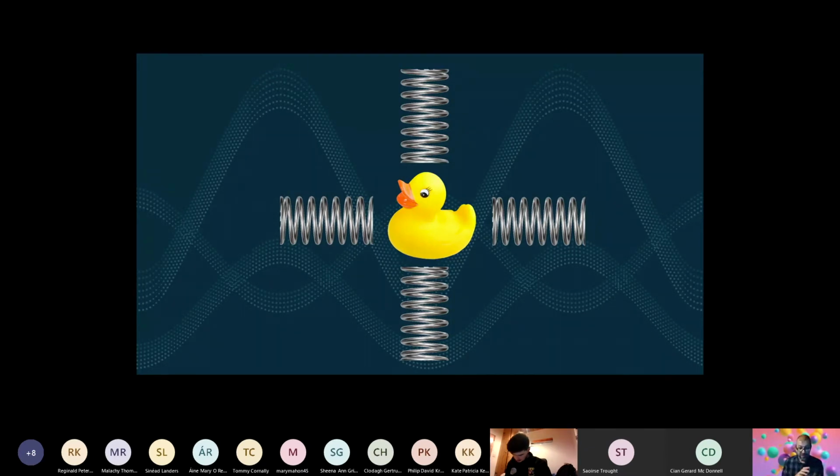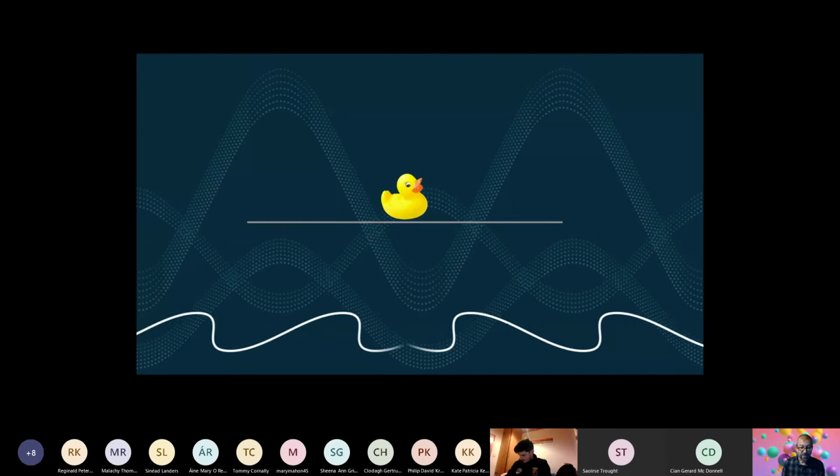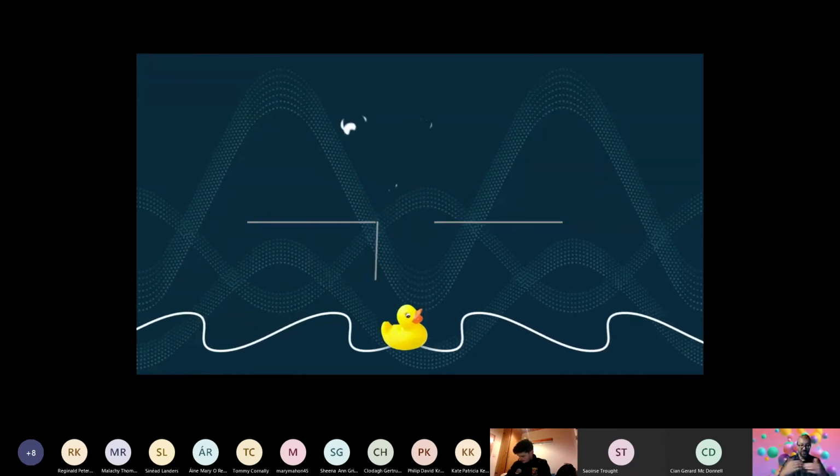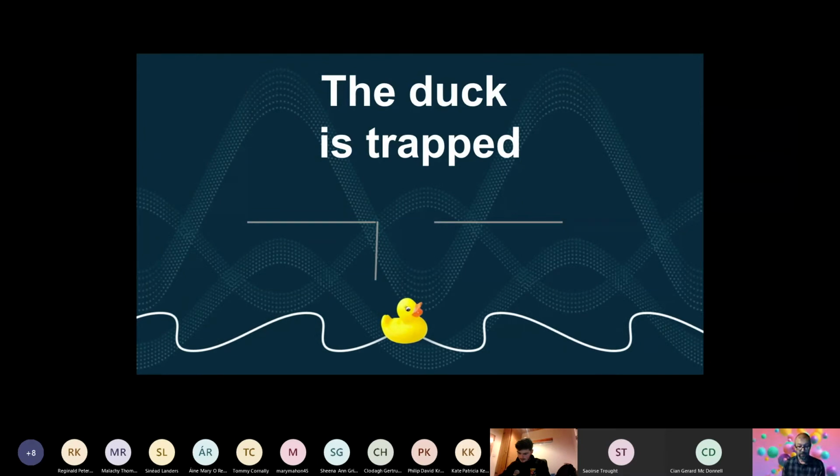And so when I said earlier we try to design acoustic fields, we're trying to design these acoustic fields by interference of these acoustic waves to create this converging force field. And when you do that in a one-dimensional system, you have basically waves from both sides. The duck's trapped there, and by moving the point at which they meet, we could move the duck backwards and forwards.